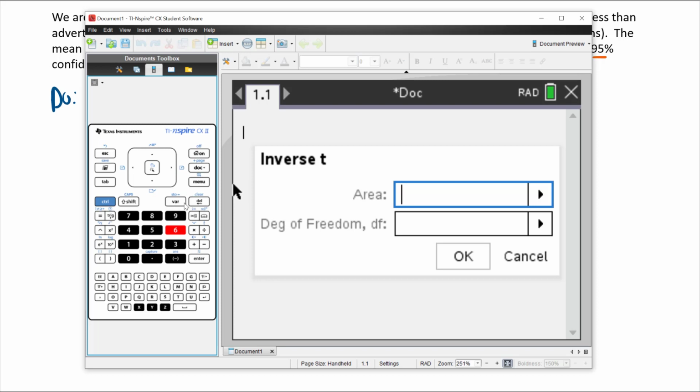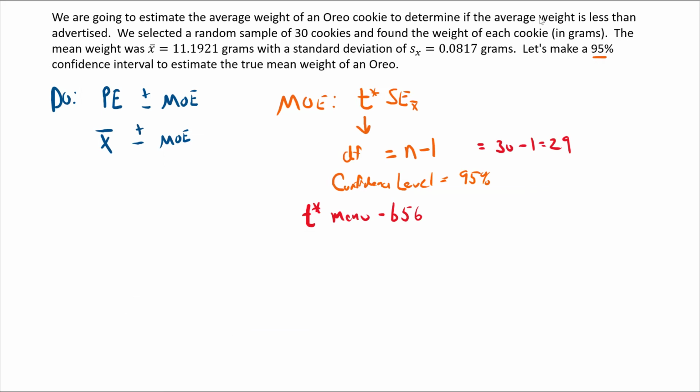In this case, our area is the same type of calculation that we had to do for our z star. So your area is going to be 1 minus 0.95, the percentage of your confidence, divided by 2. That'll give us 0.025, because we have a 0.05 difference divided by 2.